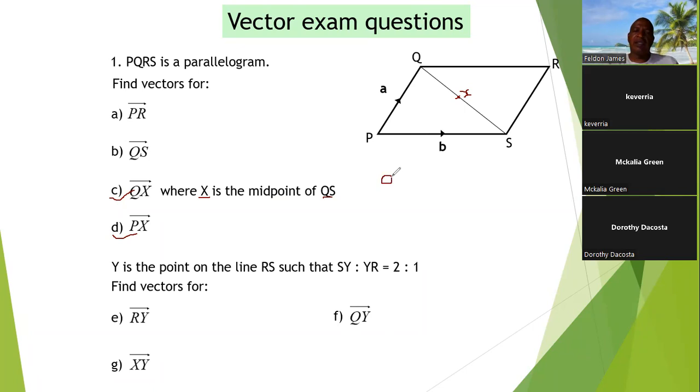We know that QS is equal to QP plus PS. In terms of A and B, that would be equal to minus A, minus A, sorry, can't write.